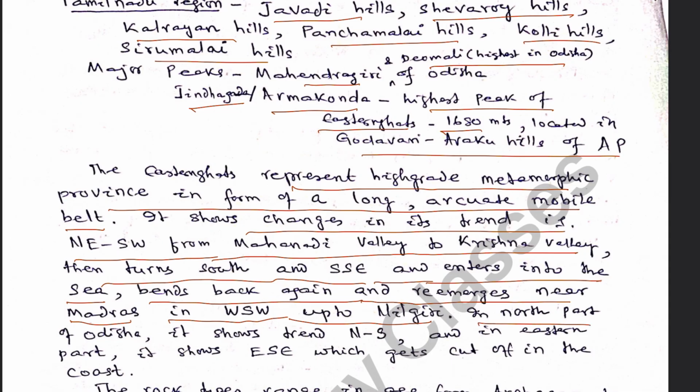In the north part of Odisha, it shows a north-south trend, and in the eastern part, it shows east of southeast, which gets caught up in the coast.